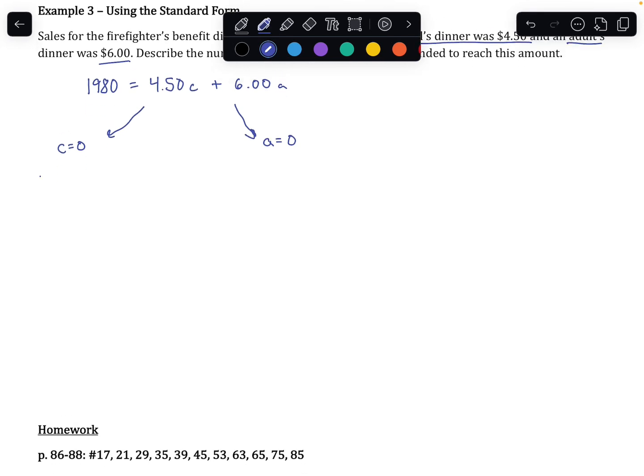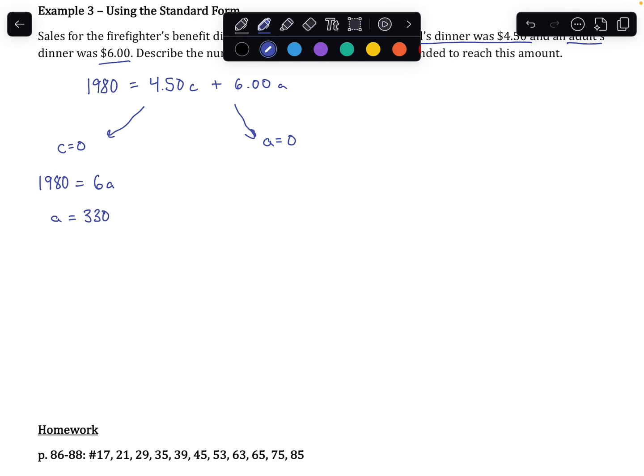So we have 1980 equals $6, so 6a. A is going to equal, I believe it's 330. 330, yeah.